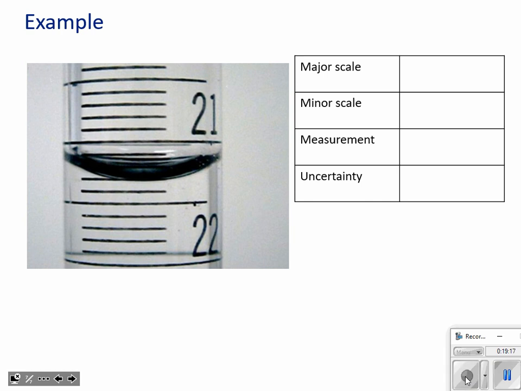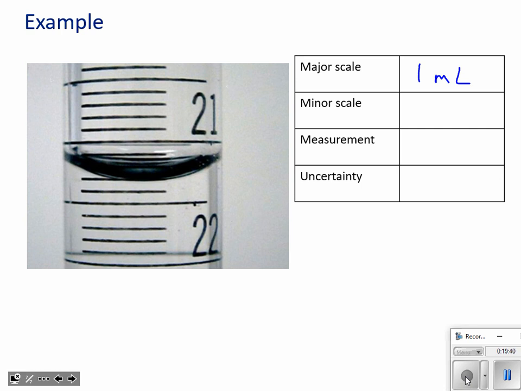All right, what is my major scale? What is my major scale for this particular one, Jamie? 1 milliliter, okay? Always remember, let's include labels. 1 milliliter, because we're measuring a volume, okay?